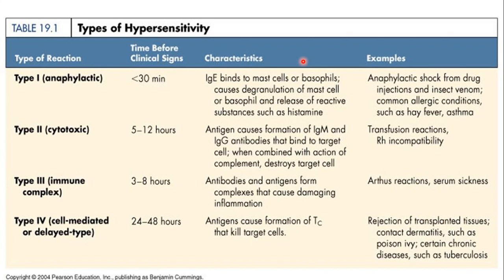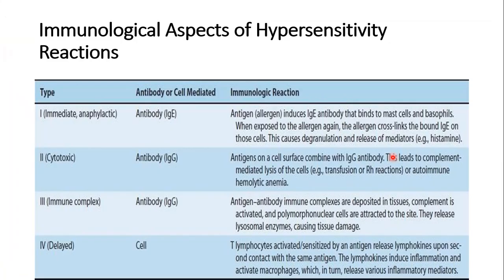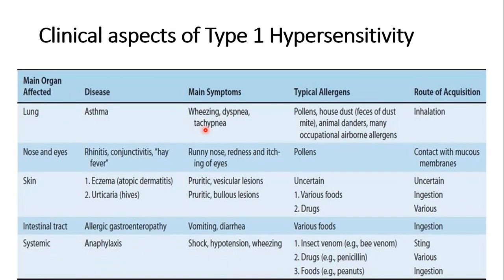This table basically gives the overview of all the 4 types of hypersensitivity reaction, along with their time duration, their characteristics, and their related examples. This is another table which shows the immunological aspects of hypersensitivity reaction. And then this is the table of clinical aspects of the type 1 hypersensitivity reaction.